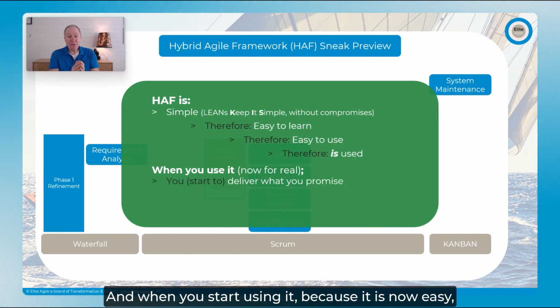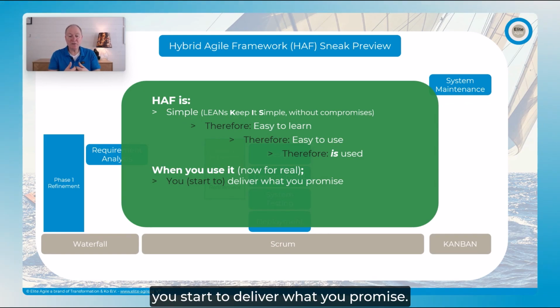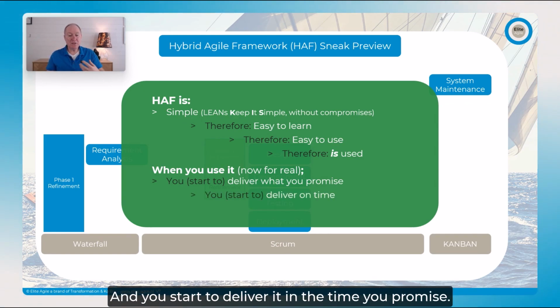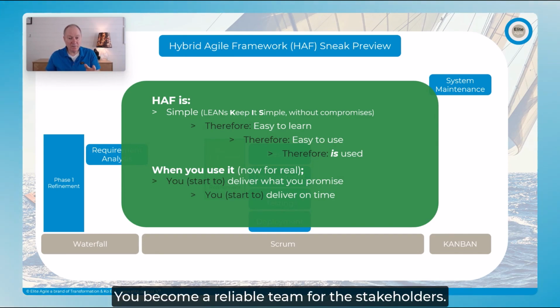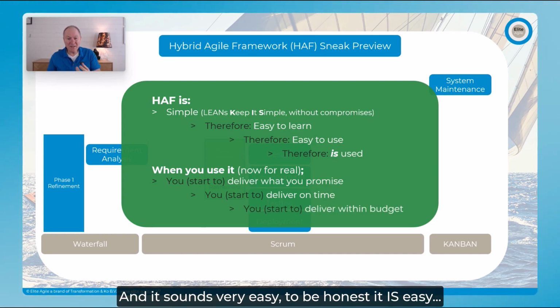And when you start using it, because it is now easy, and people start using it and really doing it, you start to deliver what you promise. And you start to deliver it in the time you promise. You become a reliable team for the stakeholders. And because of this, you start to deliver within the budget.